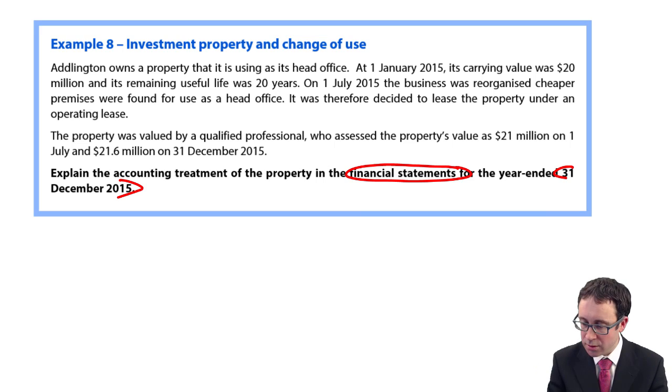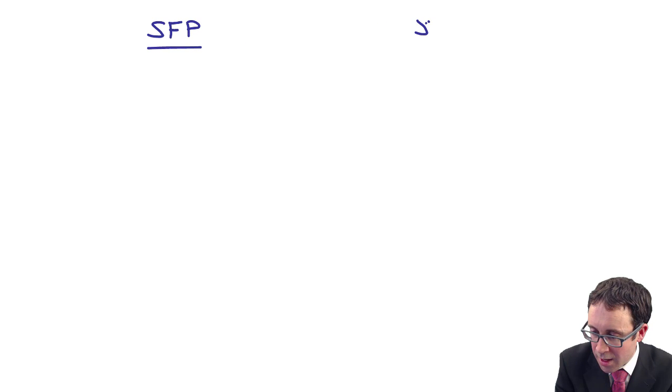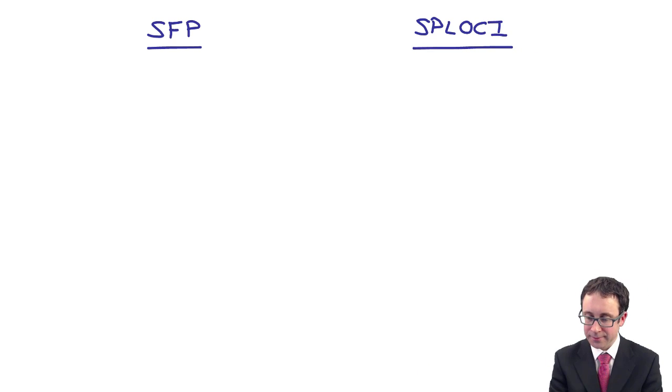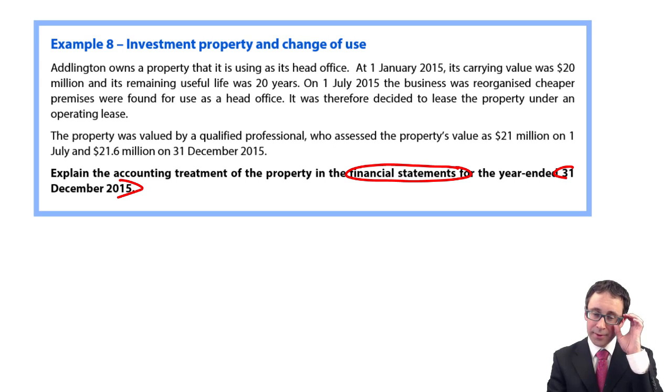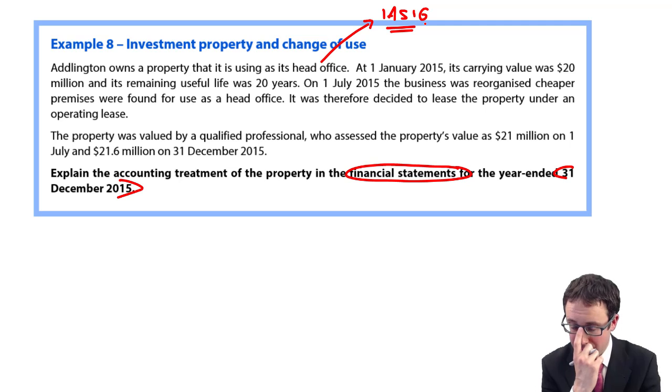So our year end is December of 2015. The financial statements are looking there at the statement of financial position and the statement of profit or loss and other comprehensive income. It says here, Adlington owns a property that it is using as its head office. So if we are using it as our head office, it is owner occupied and therefore IAS 16, isn't it?